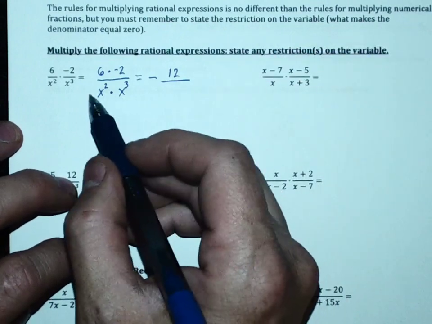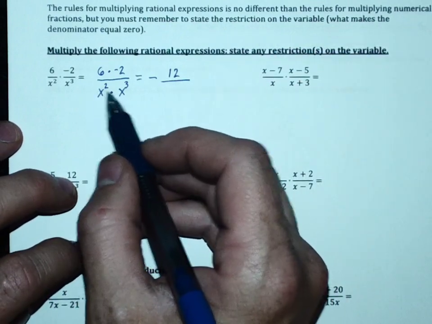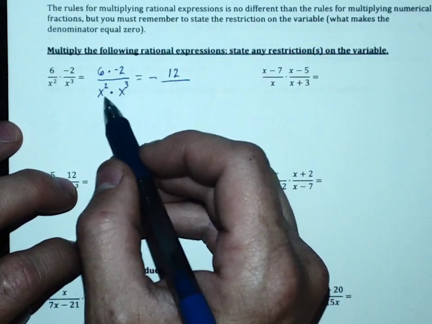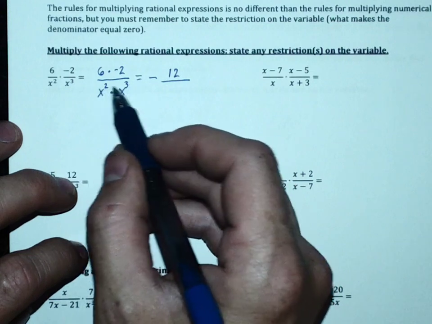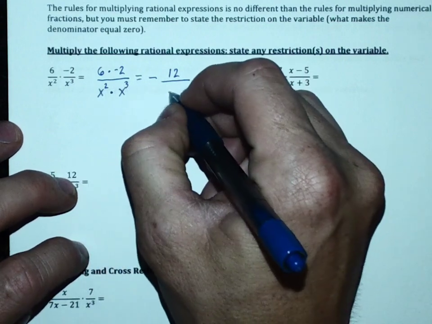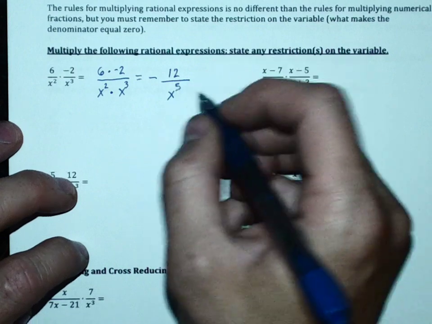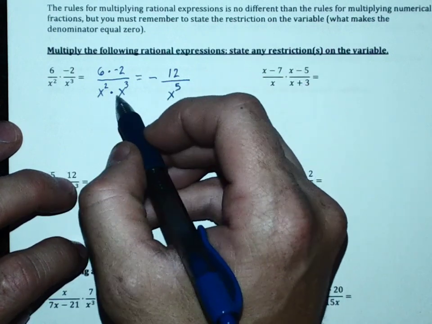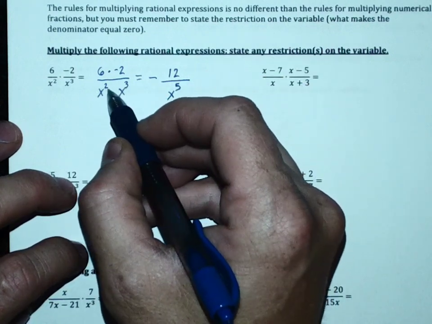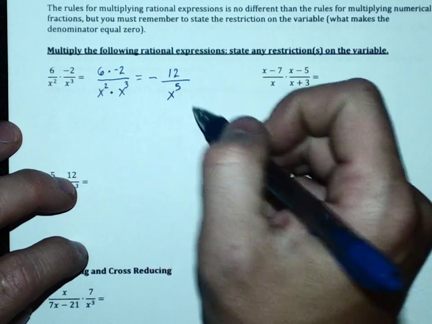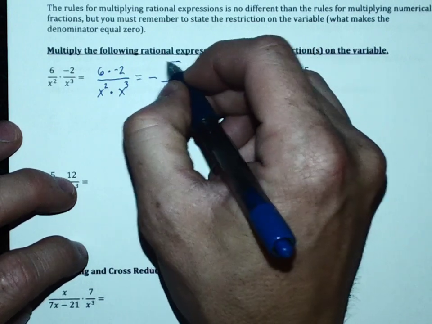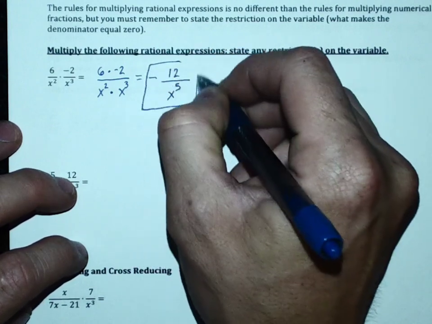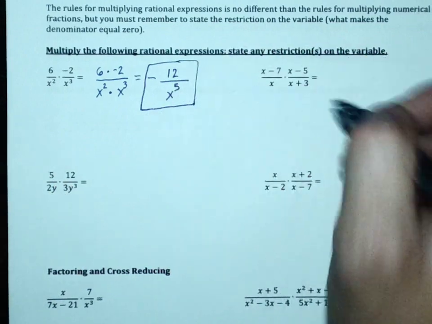And remember your exponential rules. The 2 and the 3, they add to be 5. In order to multiply your bases, you add the exponents. You're done. Let's go to the next one.